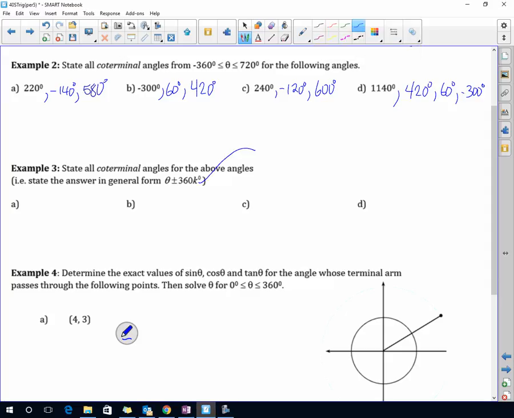When I added and subtracted multiples of 360 here, what was I multiplying 360 by? Well, it could have been 0 and I didn't do anything to it, and that's how I got 220. It could have been minus 1, and that's how I ended up subtracting 360. It could have been k is 2, and that's how I added 720 to get 580. So k is actually an element of integers.